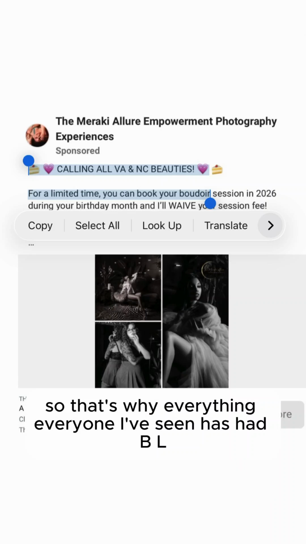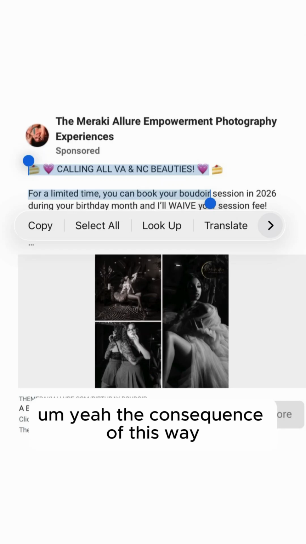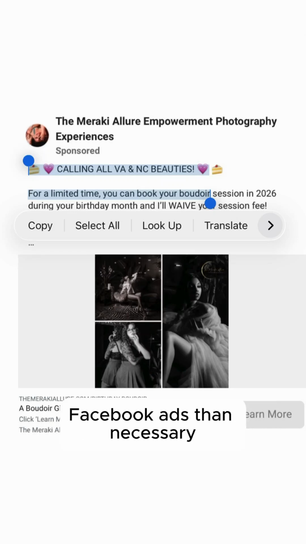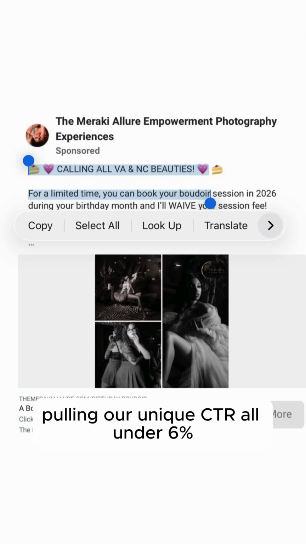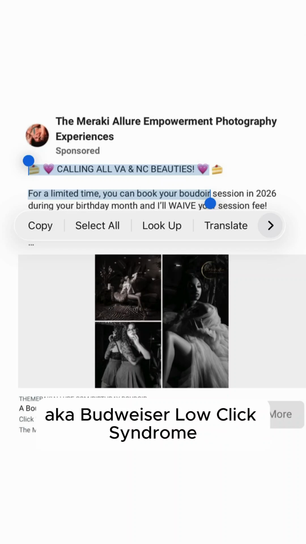That's why everyone I've seen has had BLCS. The consequence of this is way more women scrolling by our Boudoir Facebook ads than necessary, pulling our unique CTR under 6% and actually increasing the probability we have BLCS, aka Boudoir low click syndrome.